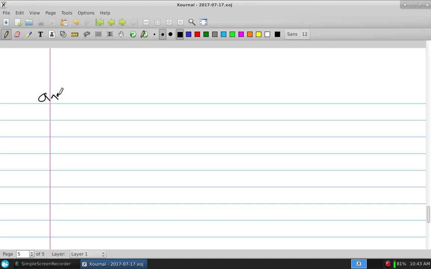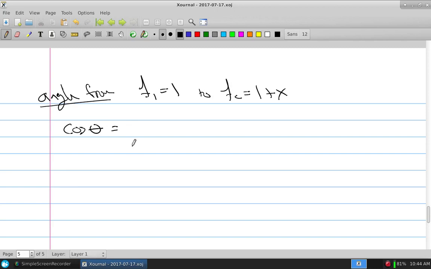What about, can I find the angle from f1 equal to 1 to f2 equal to 1 plus x? What's the cosine of theta? What would I do? The inner product of f1, f2 divided by the length of f1, length of f2.